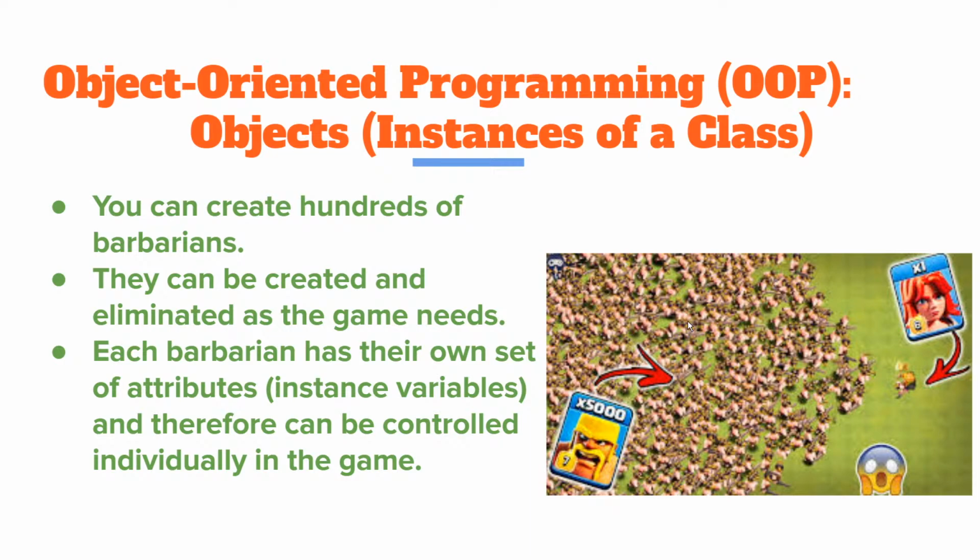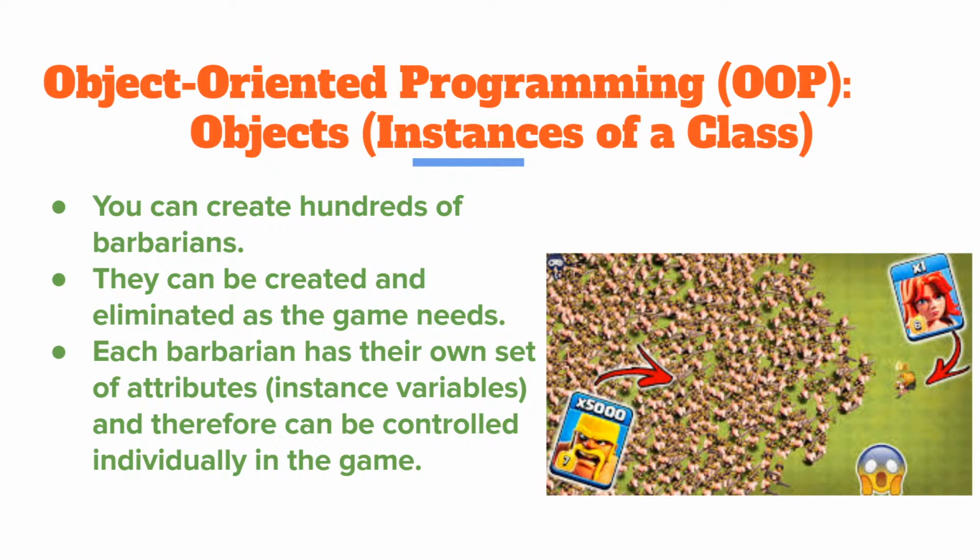They can be created, and they can also be deleted as the game needs. Each barbarian has its own set of attributes. Troops that vary in more ways are going to have more instance variables, and troops that have less variation are going to have more class variables.